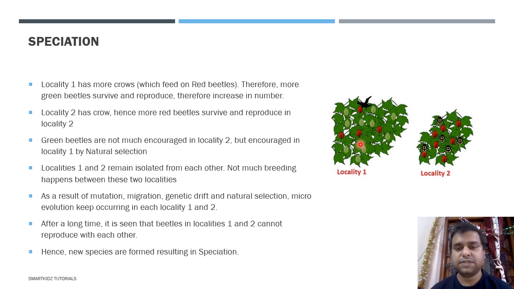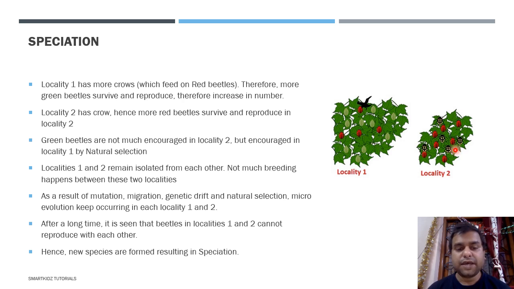Since there is not much migration, the beetles from the two localities remain isolated from each other. As a result, in each locality, variation or evolution is brought about by mutation, genetic drift, natural selection, and maybe a small amount of migration as well.